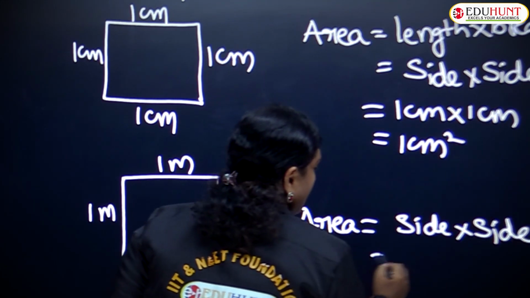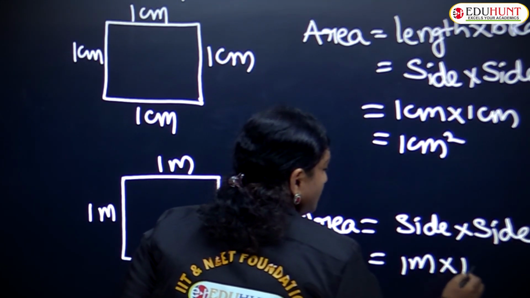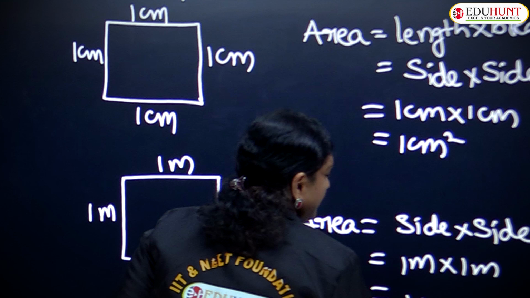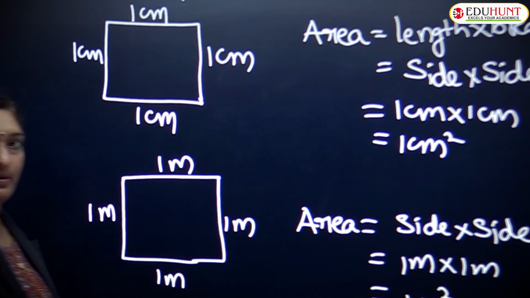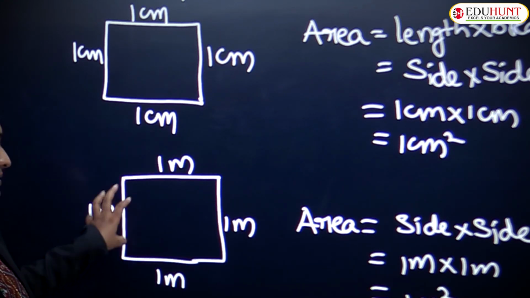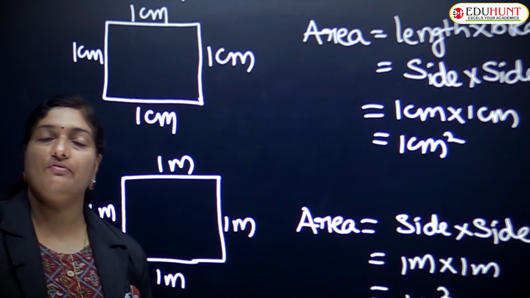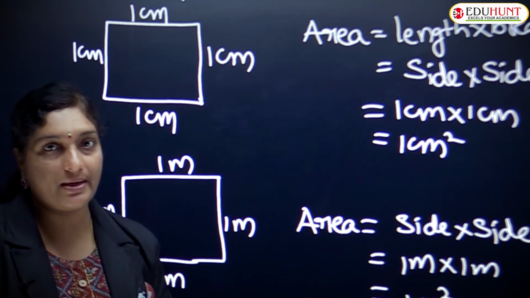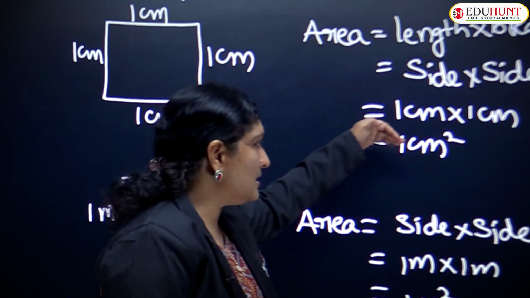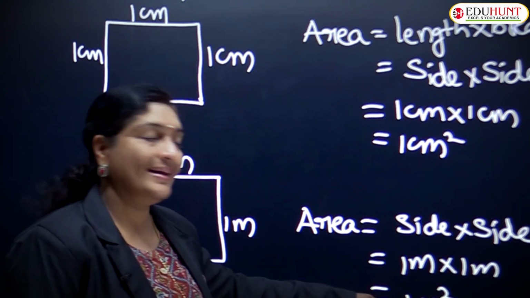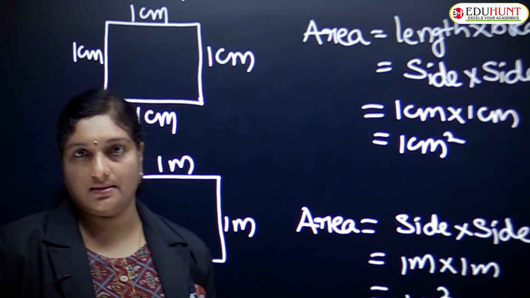How much is that? 1 meter into 1 meter, and this is 1 meter square. Depending upon the value of the side they have given you, we will write the value of area accordingly. Remember children, centimeter square is generally lesser than meter square.